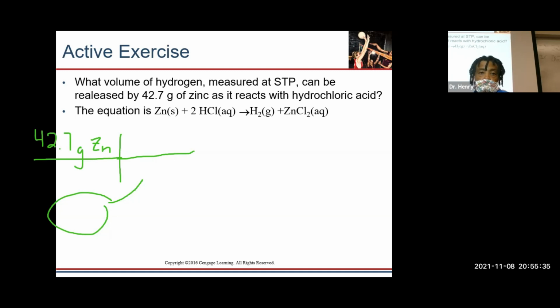Okay, so we know that it's 65.38 grams, and then that's moles on top. Okay, so then that gives me moles of zinc, right?